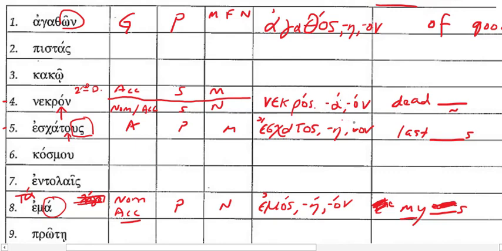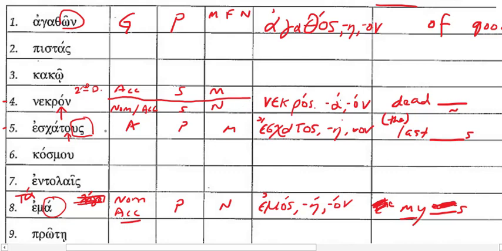Okay. So, if it were a substantival use, it would be last ones, or last men, or last people. There's no article here. So if you wanted to say something like, and put it in parentheses to indicate that there's not an article there, the first, or the last shall be first, you could have that if it was substantival.